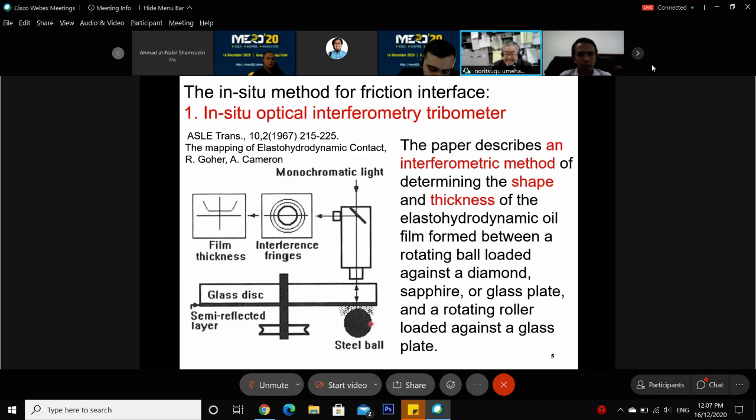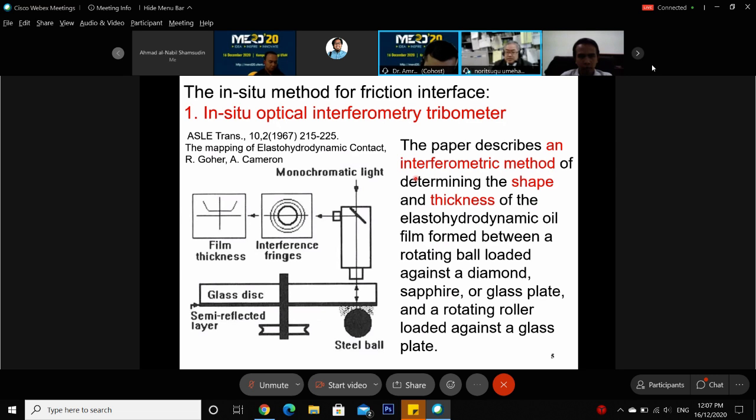With monochromatic light, they can observe interference fringes and also estimate the film thickness. This paper obtained film thickness distributions, which I think is very good in the field of elastohydrodynamic contact. They did mapping of elastohydrodynamic contacts. That is very epoch-making research work.